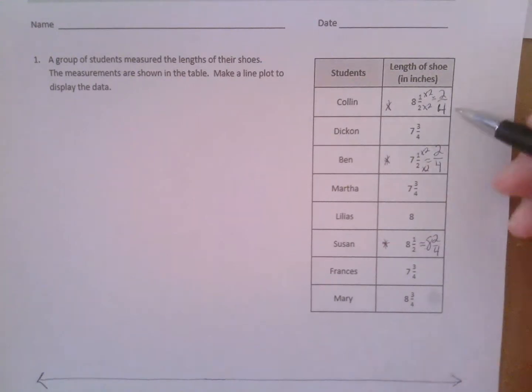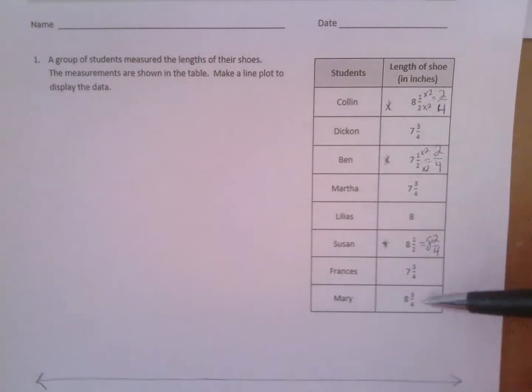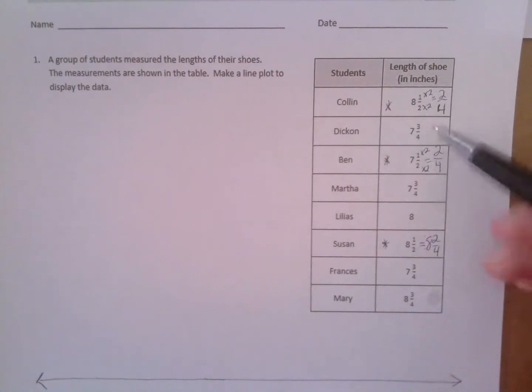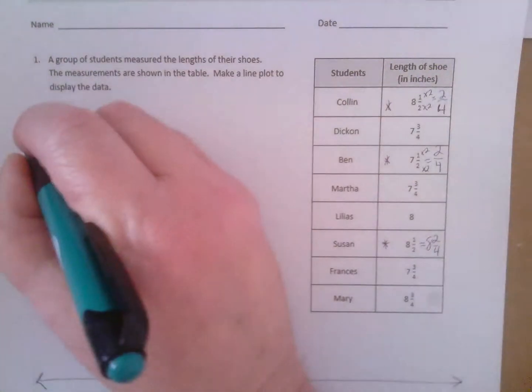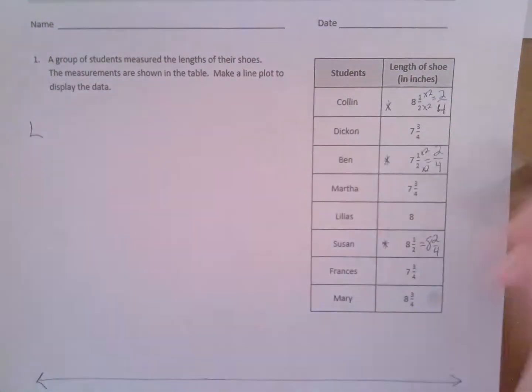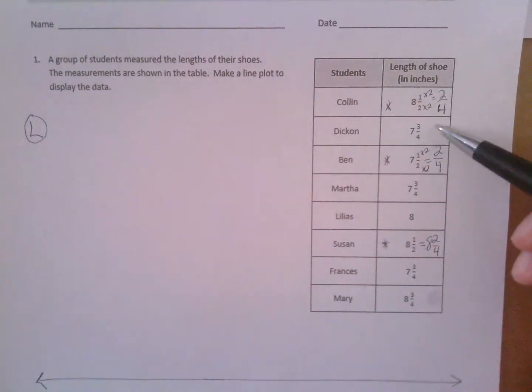All right, so now we have a common denominator for all of our data, and I'm going to put them in order from least to greatest. So the smallest one here, I'm going to put up here, least. The smallest one here would be, well, I have 7 2/4. 7 2/4 is less than 7 3/4.